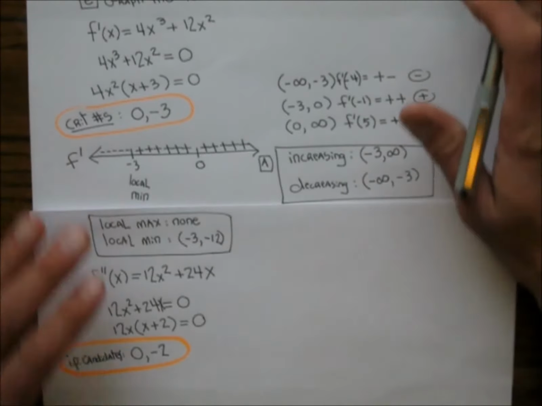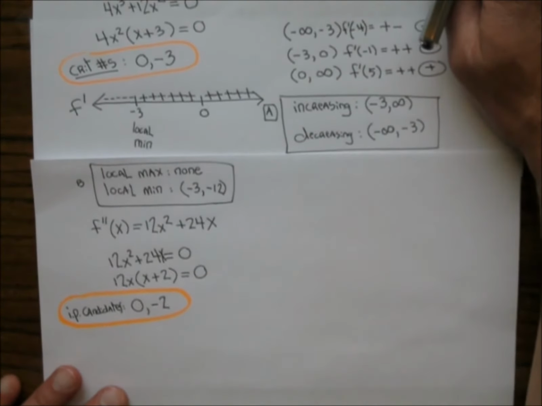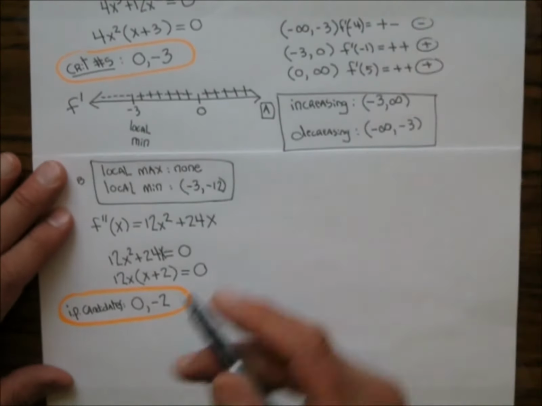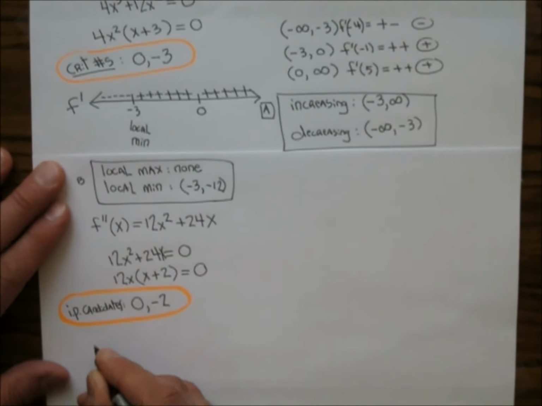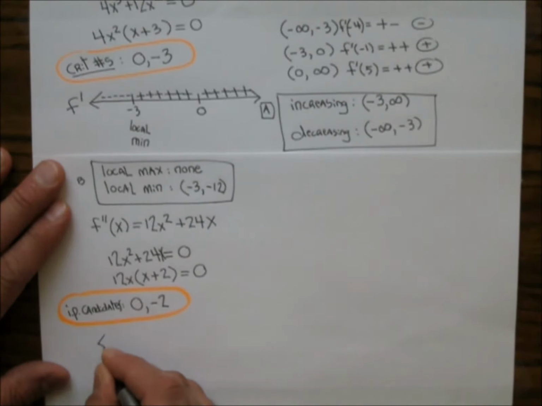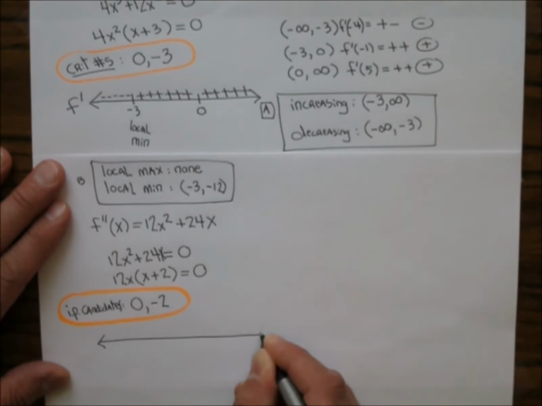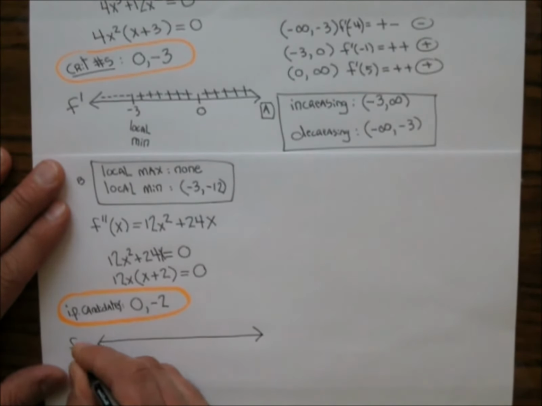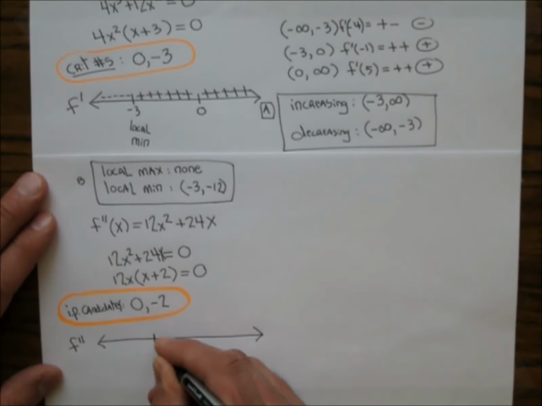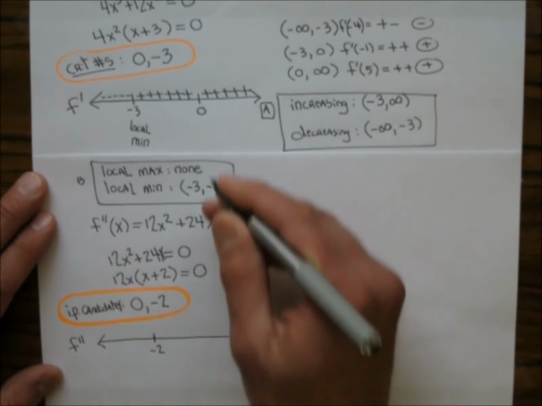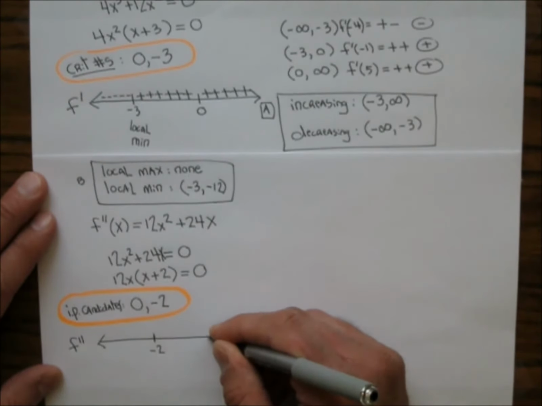So what am I going to do with those? I'm going to put these guys on a number line, and this number line will represent the second derivative. So we have -2, and then we have 0.